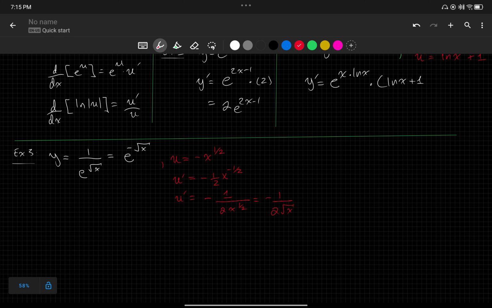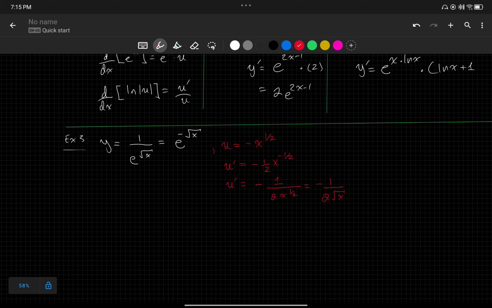Okay, so now we're ready. So y prime is going to be e to the u. So the derivative is repeated, the original, times u prime, which we just finished doing on this side. And we can clean it up a little bit.